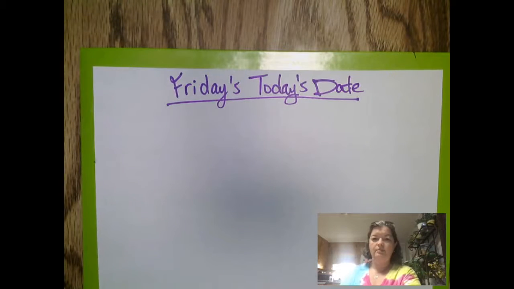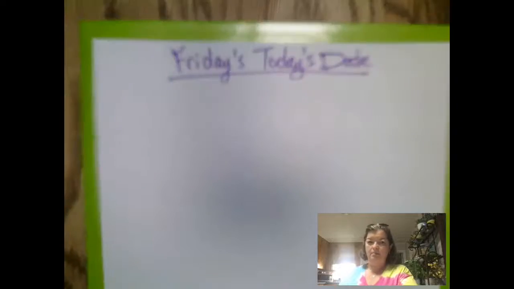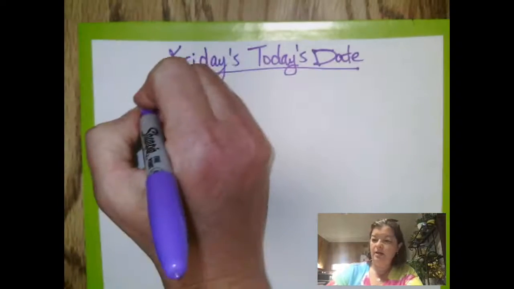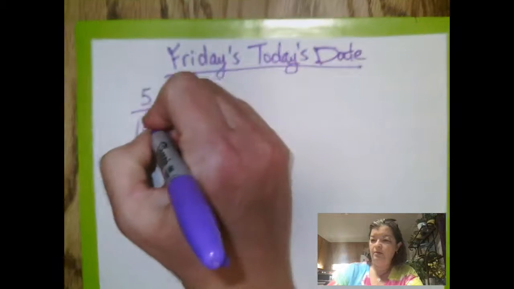Friday's today's date. Let's get this to focus a little bit more here. There it goes. Okay, so our month is 5 divided by 10 to the 0th power.